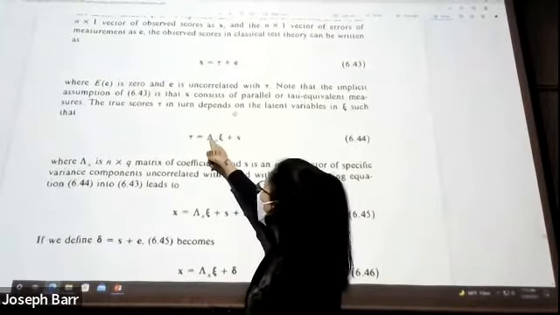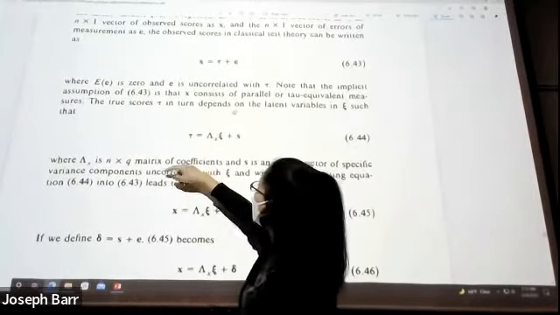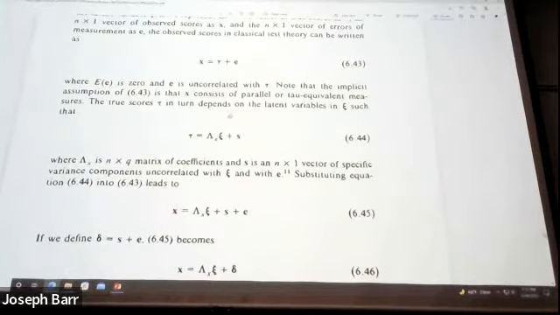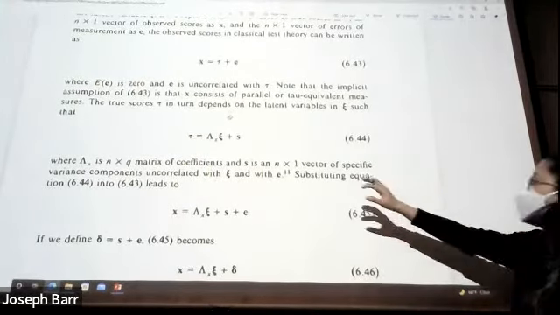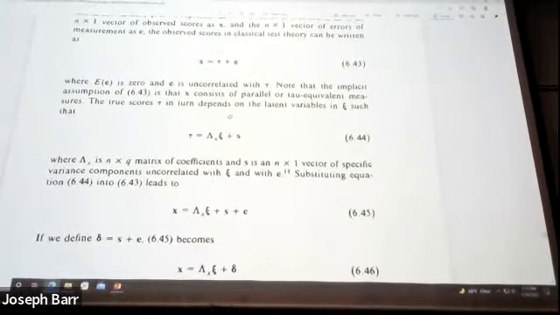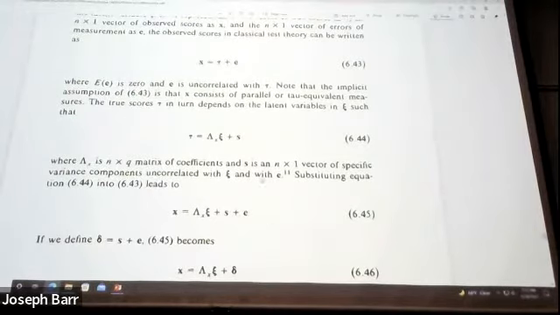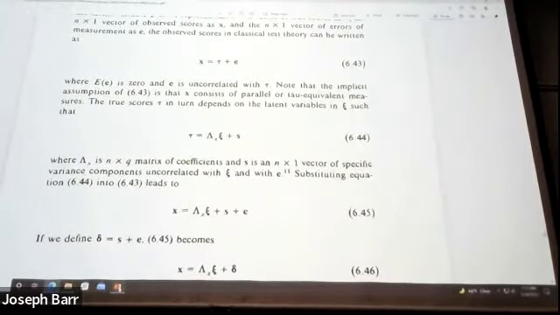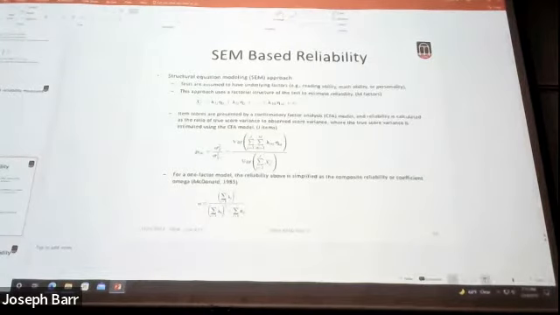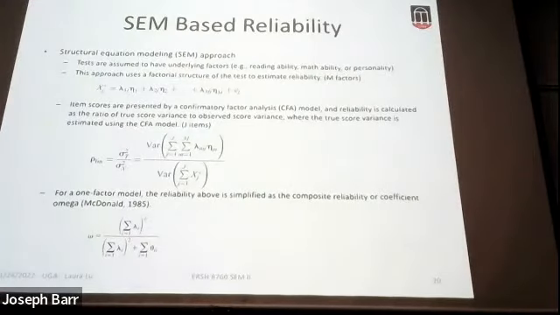It's a different story, but the logic is the same: we're trying to get the variance of the true score and the variance of the observed score, and get the ratio. But the way to get the variance of the true score is different. So SEM-based reliability is more accurate than the classical Cronbach's alpha.